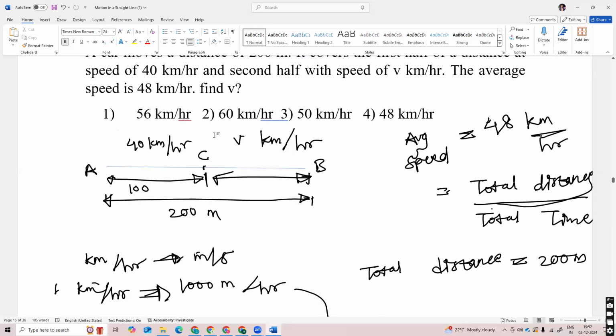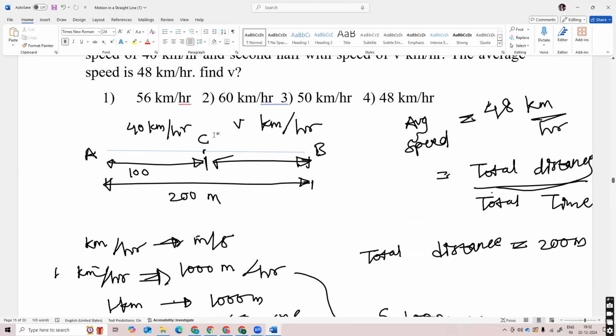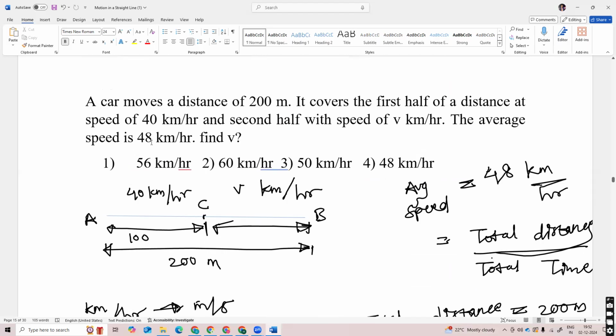Here one thing you should notice is that they have given the final answers in kilometer per hour. So I think it will be beneficial for us if we consider everything in kilometer per hour. Therefore, instead of converting velocity, in this case we will convert the distance.